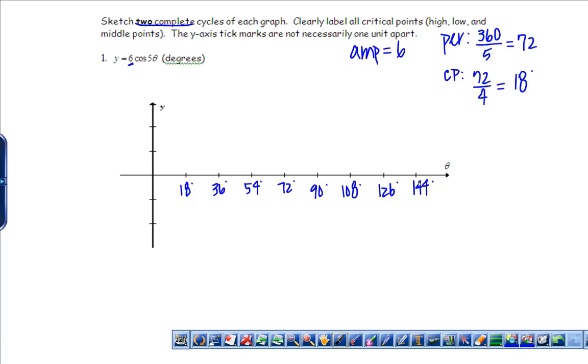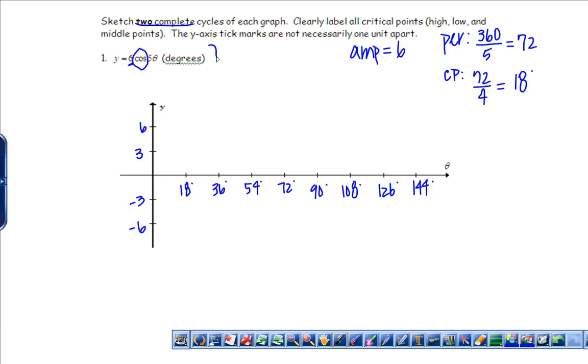Okay, because I haven't done any shifts up or down or anything, I know my amplitude goes up 6 and down 6. I've got 2 tick marks here, so you can use this tick mark or not. I'm going to say this is 3 and this is 6. This is -3 and this is -6.